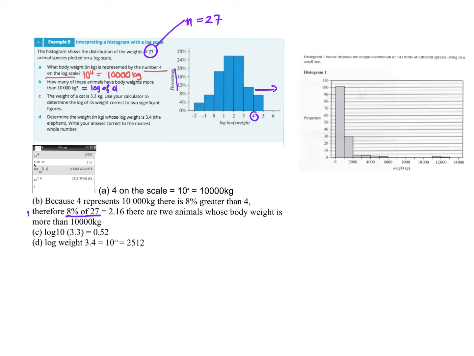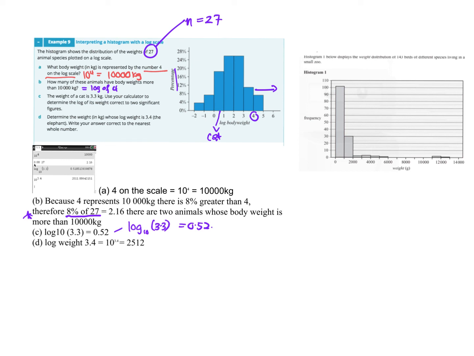So down here, I've shown you how to do it. The weight of a cat is 3.3 kilos. Use your calculator to determine. We just go in your calculator, put log 10, and then you put the number 3.3, and what you get is 0.52. So the cat is in here. This is where the cat is.